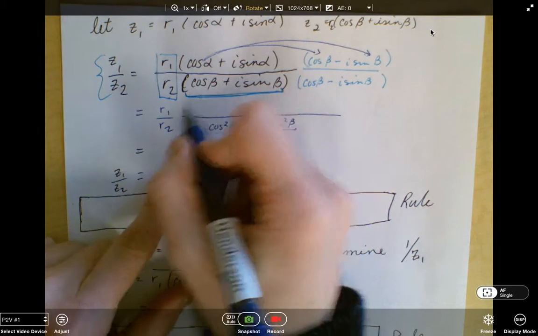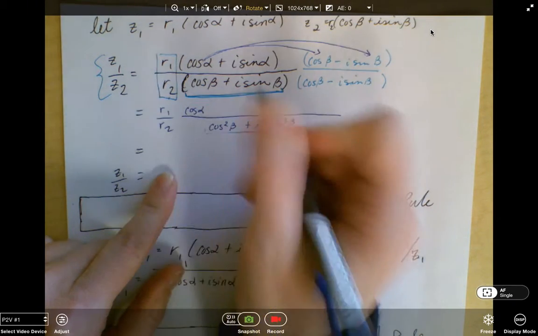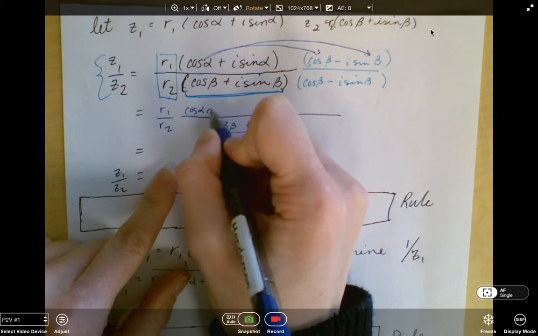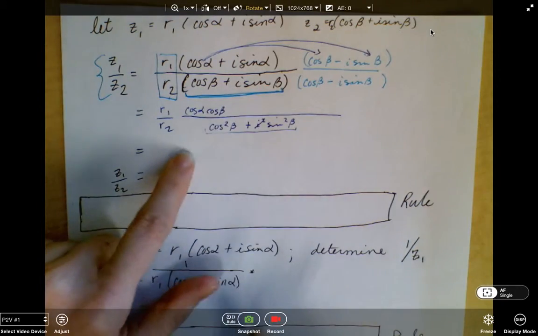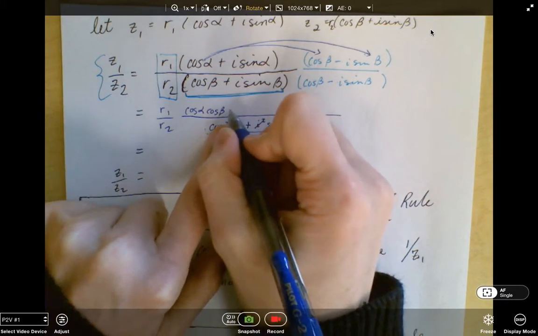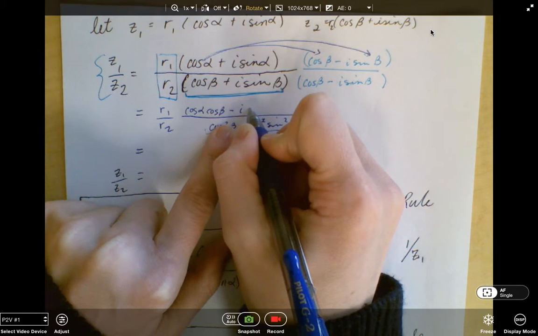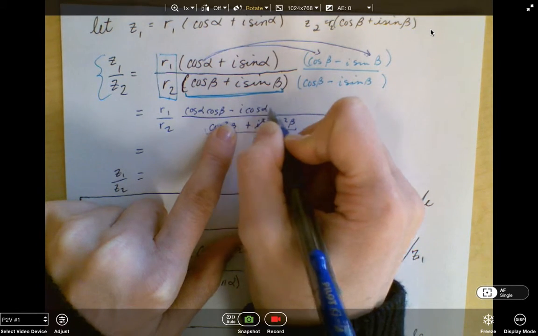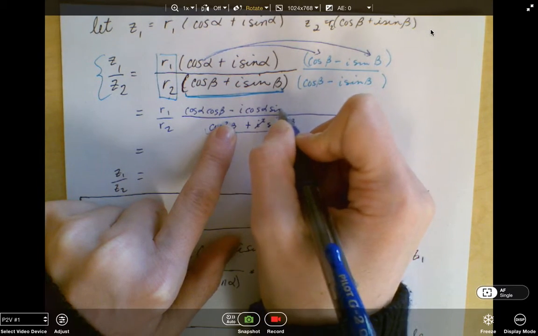is going to become cosine alpha, cosine beta. Wonder if you're sensing a trend from the last question. Minus I cosine alpha sine beta.